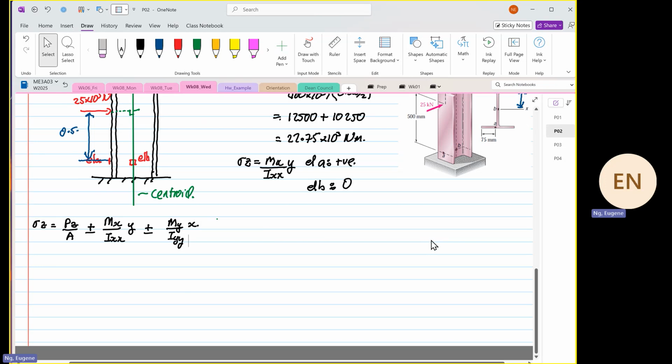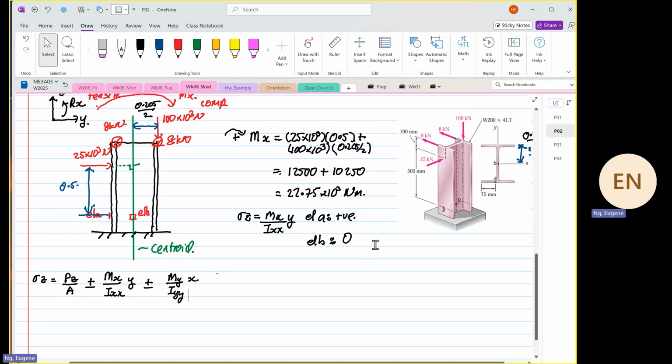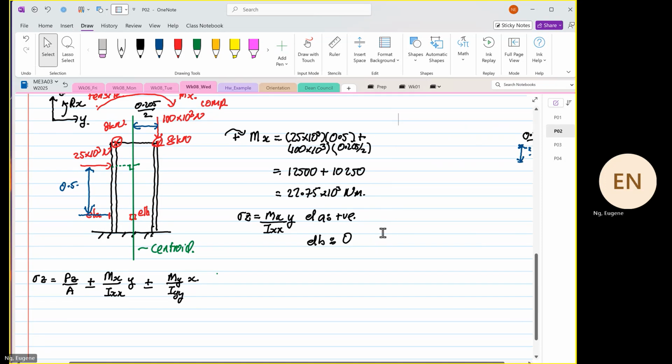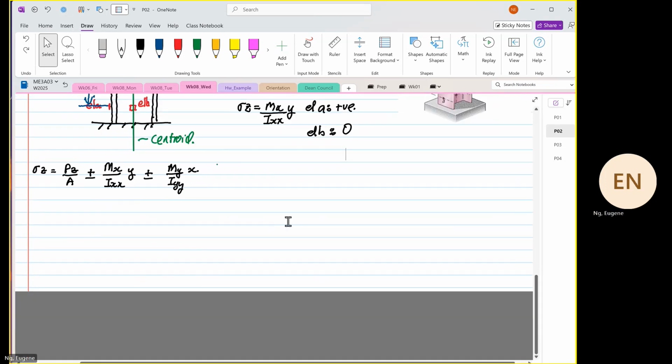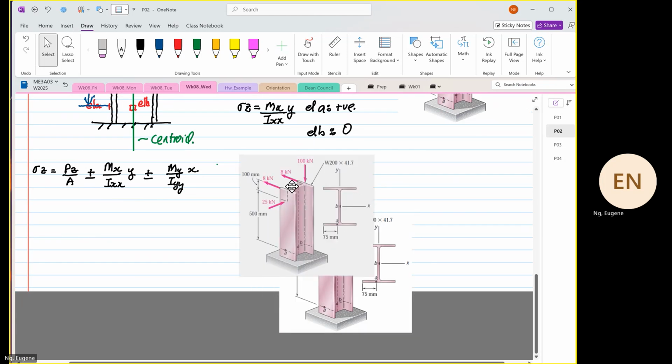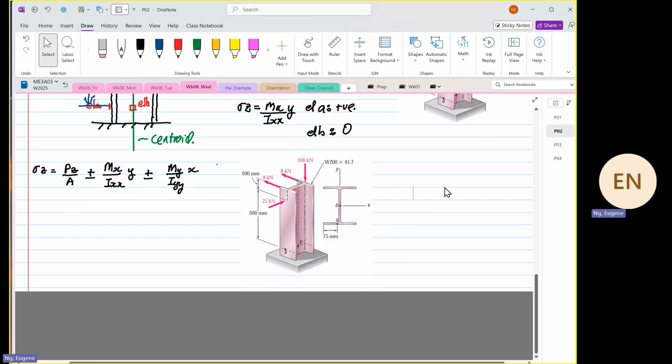So now I'm going to take the cross-sectional view again. We need to know what our area is first.